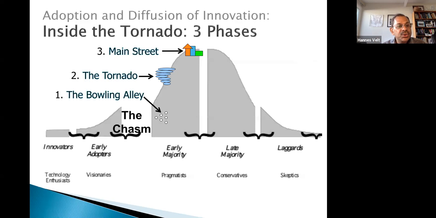But then to cross the chasm, your message has to be more, what are the economic benefits of the product? You must give the early majority a good reason to buy. And maybe it's there, but they have to be made more aware of it. So you might have to bring that latent need up to the surface.